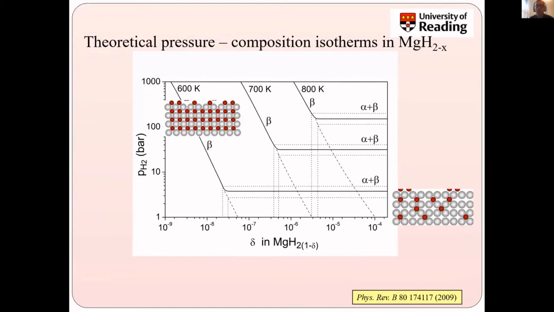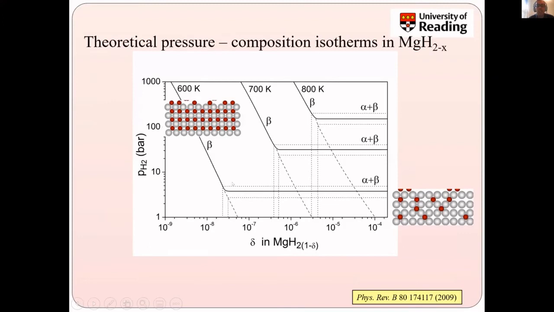And of course, one of the first things that we notice is that the beta phase that you see here is the magnesium hydride, and this is the number of vacancies that you can accommodate. If you have high pressures of hydrogen, then you can have more and more vacancies. But at low pressures of hydrogen, at some point, this simply transforms into a mixture of the metal and the magnesium hydride.